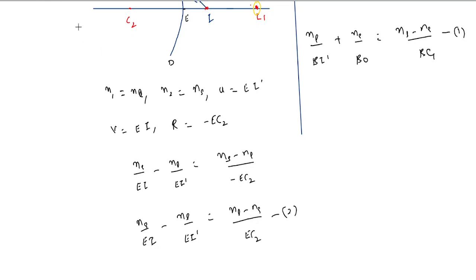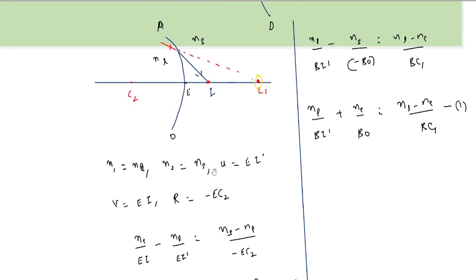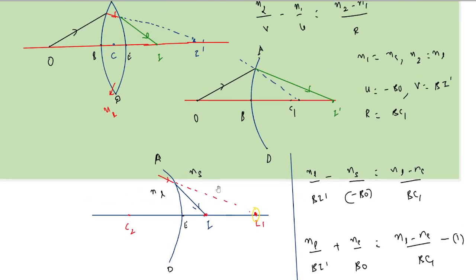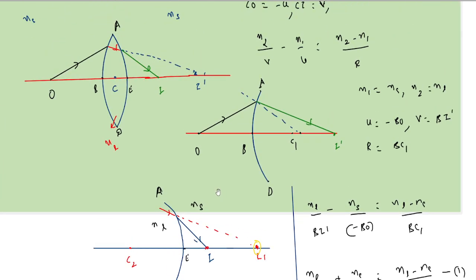So we have two equations here, equations 1 and 2. Now to understand that, the entire derivation is for thin lens. A thin lens would mean whose thickness is small compared with distances involved.